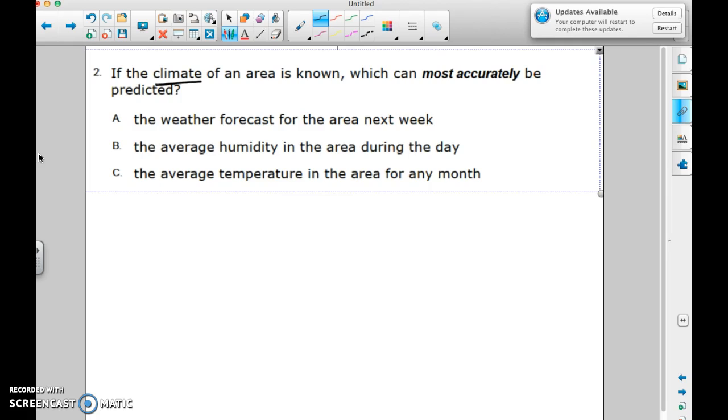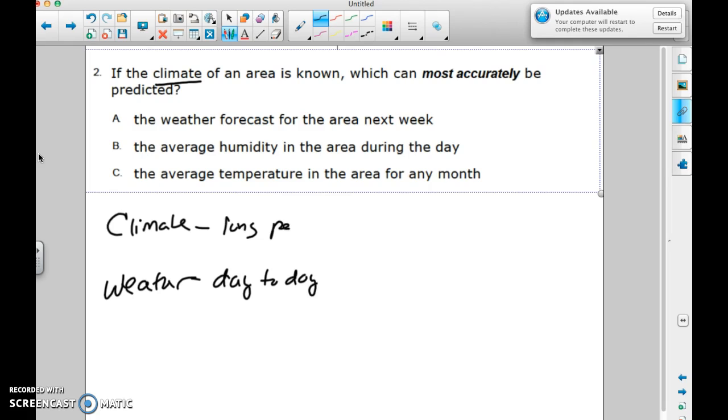Climate. I remember climate, and I remember weather. Weather was your day-to-day, and climate was long periods of time. Let's see, climate of an area.